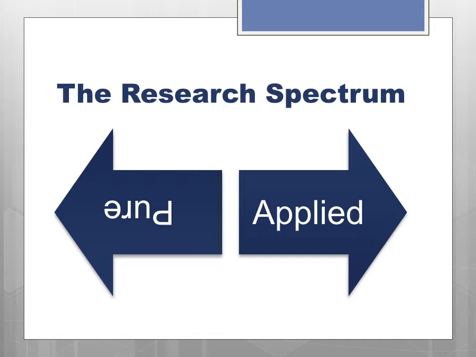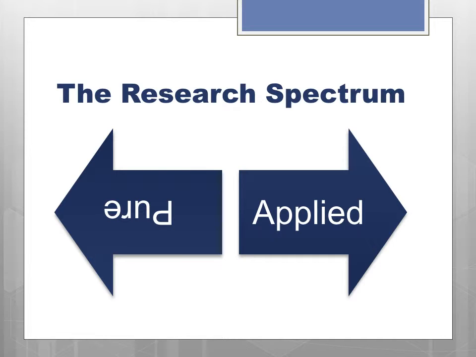The first one is pure, and that's to your left. That's pure research, which is what we think of as very, very academic research. We think of pure research as things like stem cell research, DNA research, also known a little bit as bench research. And on the other side of the spectrum, we have research that is called applied. It's exactly what it sounds like.